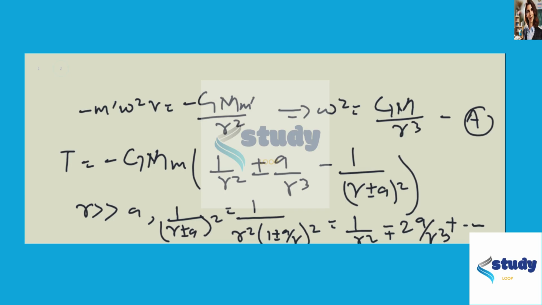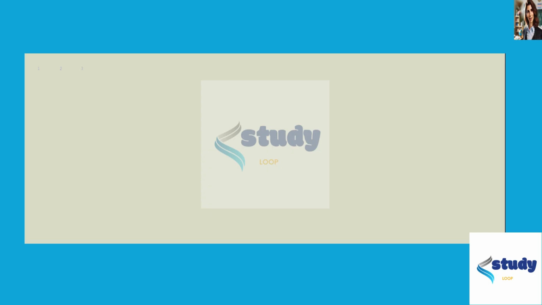We insert this approximation in, let's say, equation B. So inserting this approximation in equation B, the tension we get here is minus or plus G M small m 3a divided by r cubed.